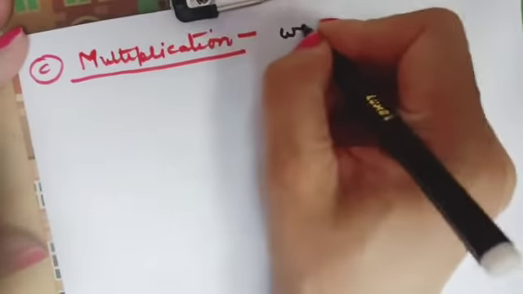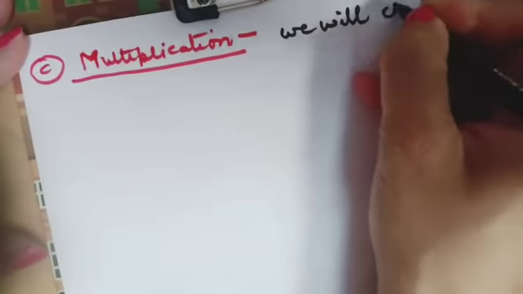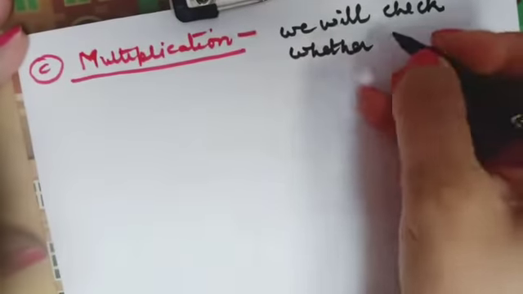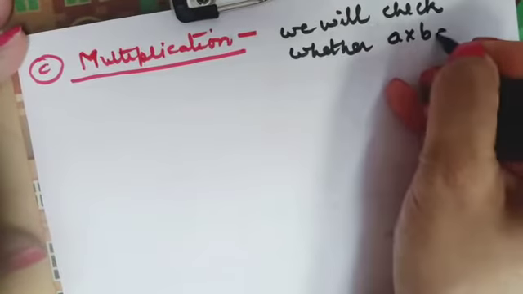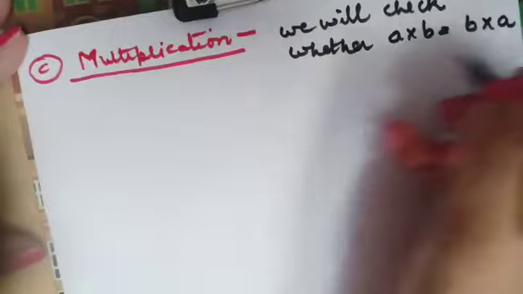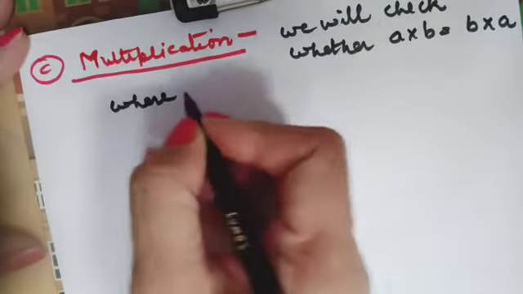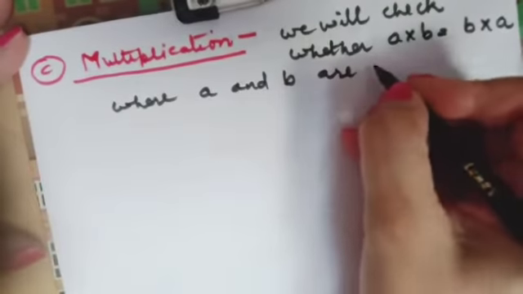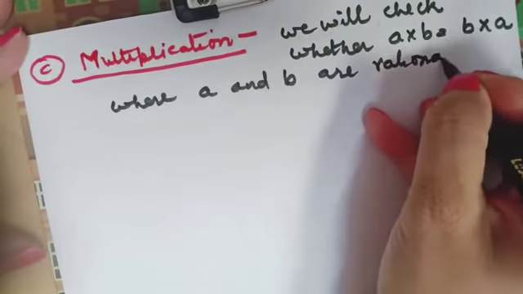For multiplication, we will check whether A into B is equal to B into A, where A and B are rational numbers.